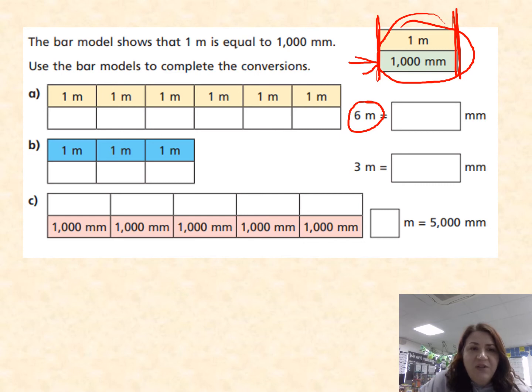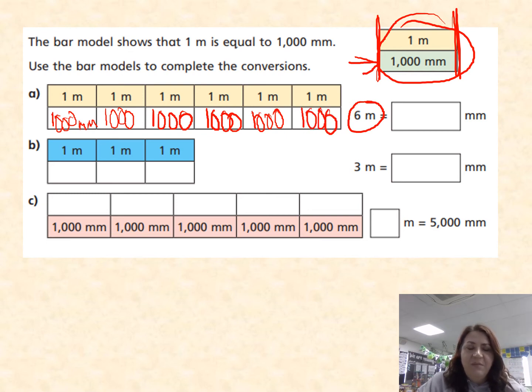So what am I going to put here? I'm going to put 1,000 millimetres. And the same here, that's also 1,000 millimetres. I'm not going to put the each time because I'm going to run out of room. So to keep it as neat as I possibly can, I'm just going to put the measurements in. So there's our 6 metres, each with 1,000 millimetres.